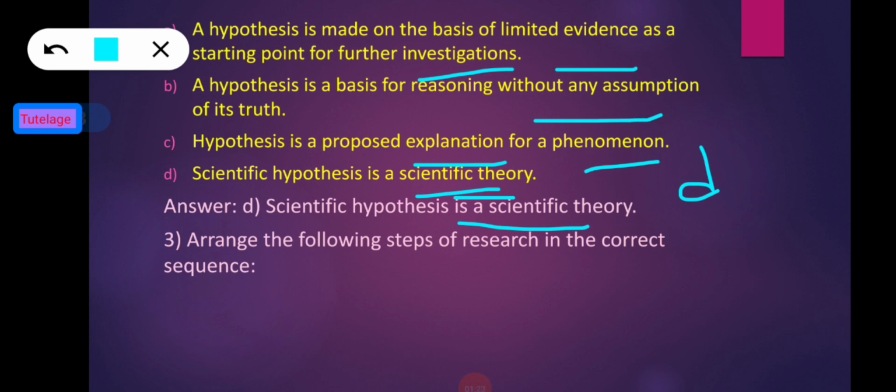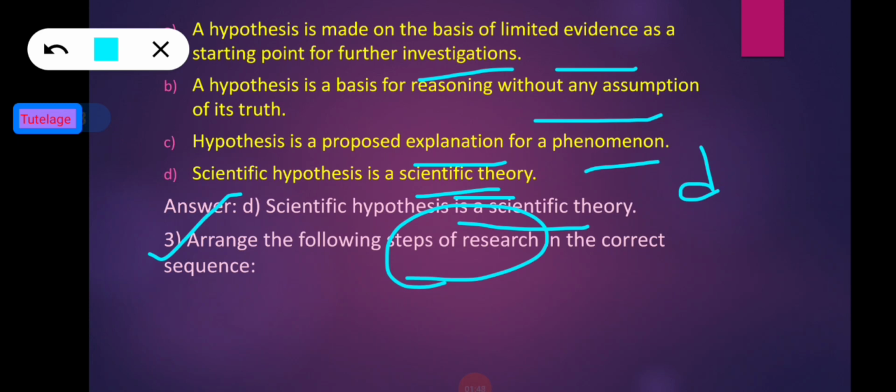Now move on to the third question: arrange the following steps of research in the correct sequence. This question is related to the steps of research, and we have already told what the basic steps of research are in my previous session on research aptitude. If you have any doubt on it, please go and check it once.